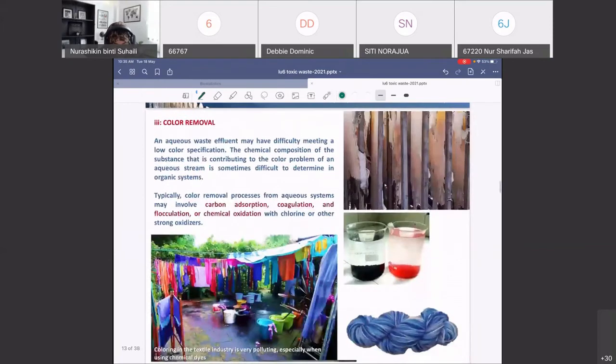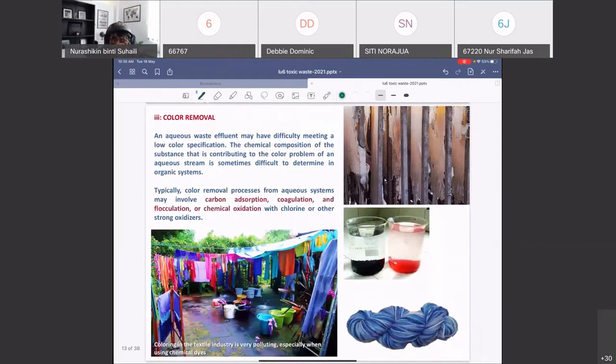Right. The third method is color removal. Colored substance is also a contaminant that is released by, for example, the textile industry. The textile industry produces lots of water contaminants to the sea, to the river. Those colored compounds are actually toxic.